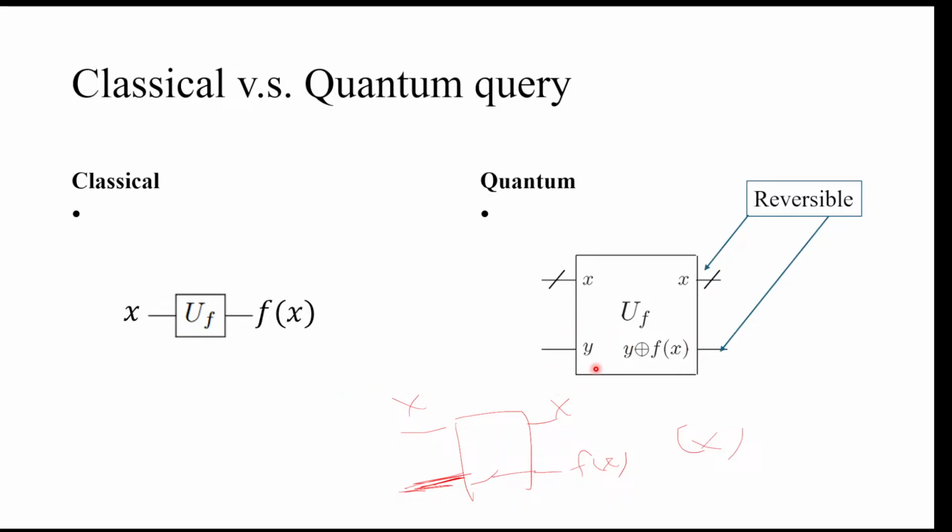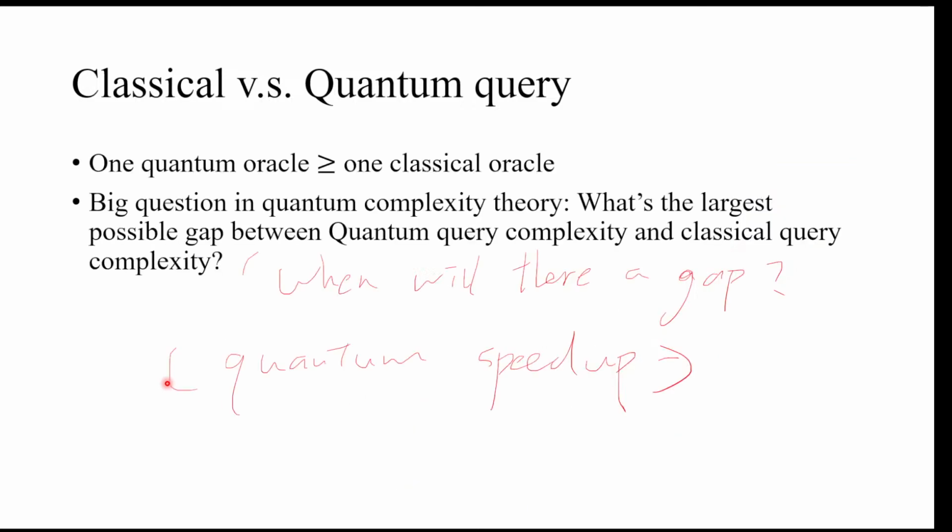With a different y here, and in particular when you have a quantum superposition of y, we can do some really incredible quantum tricks with this quantum oracle. We also need to keep track of x here for this gate to be reversible.